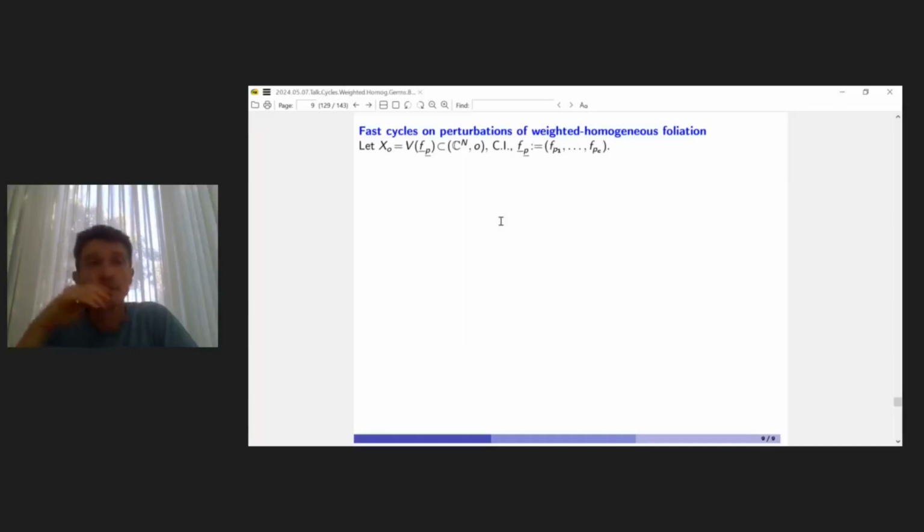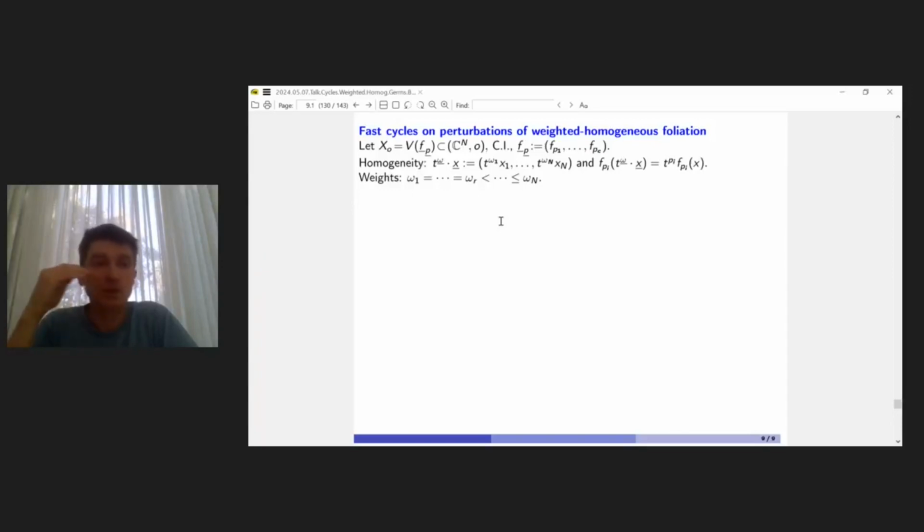We have the germ, a complete intersection, and it is weighted homogeneous. We have defining equations, and here are their weights. As in the previous case, I arrange the weights in non-decreasing order. It could happen that several first weights coincide, and then you have the jump.